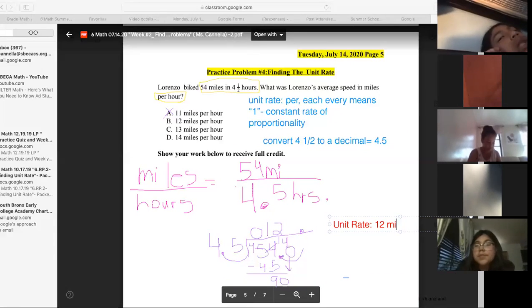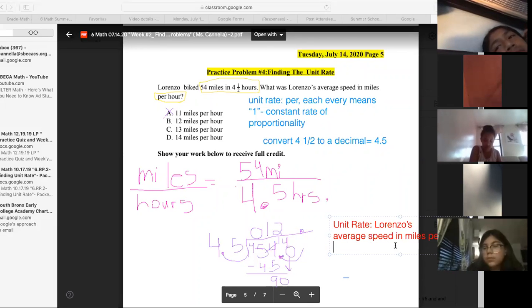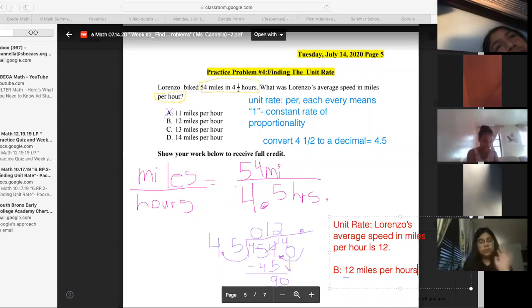Yes? So we're going to write this rate. Lorenzo's average speed in miles per hour is 12, and it's going to be choice B, which is 12 miles per hour.